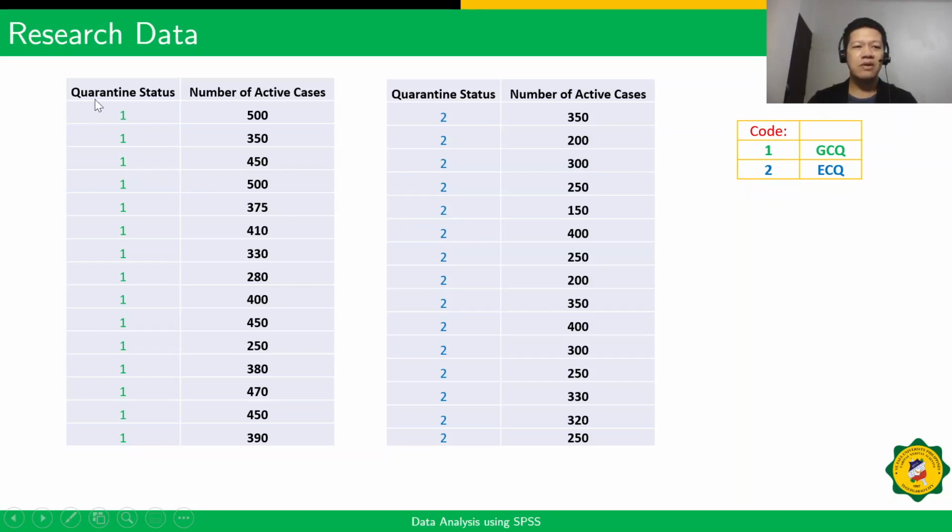For the first column, we have quarantine status, and these are for the 15 weeks for the first city under GCQ, and we can continue that. We can put here 2, and these 2 correspond to the second city, which is under ECQ, and the second column will be the number of active cases. So in here, I'm going to show you how to answer our SOP using SPSS.